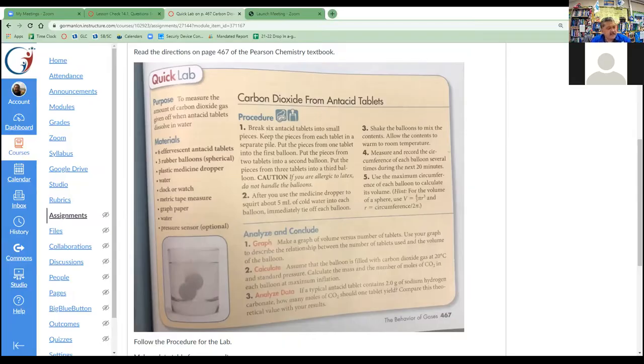Because I'm in my science classroom, I also grabbed a mortar and pestle. This is used for crushing stuff. And you don't have to have one of these. You could just use a hammer if you wanted to, or anything hard on the floor or on a desk.